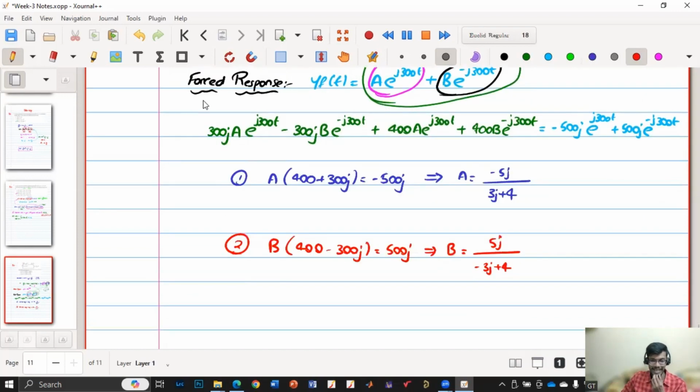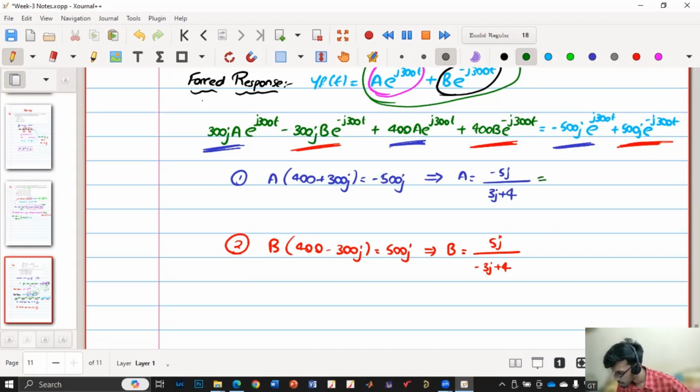How am I getting this equation? For blue, this part as well as this part, I'm comparing those. And for the red, I'm comparing this part and this part. So I have just compared them. Now if you solve, as we are running out of time, I will directly write what you will be getting.